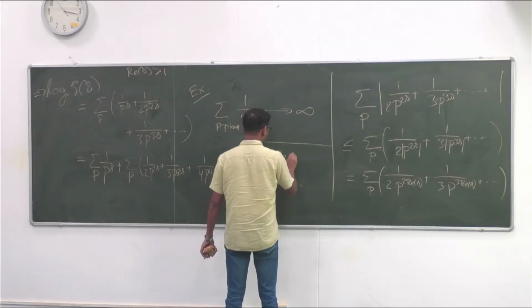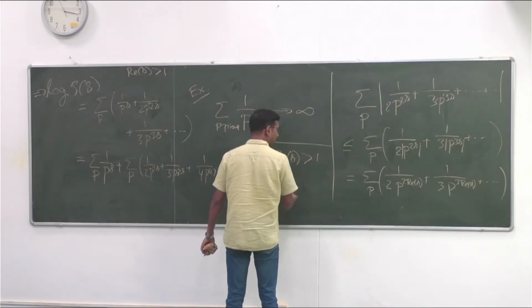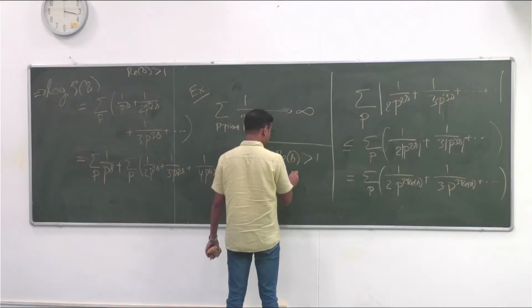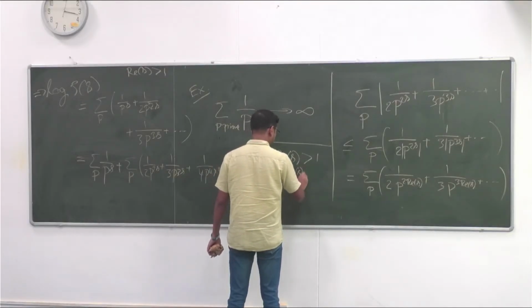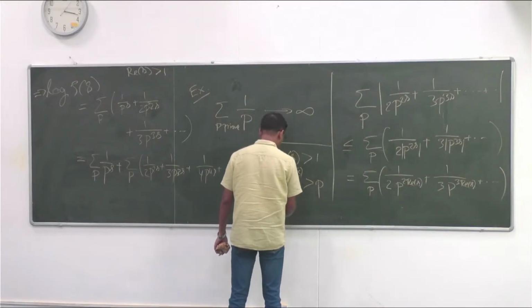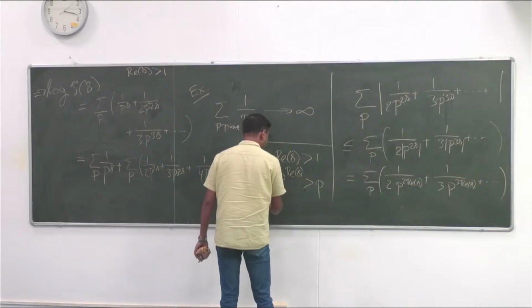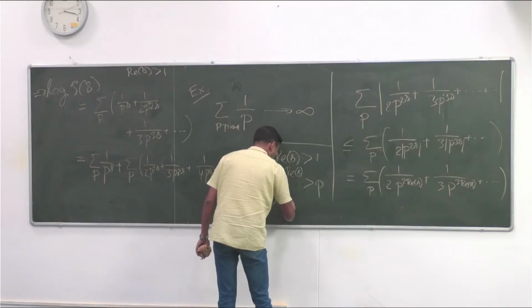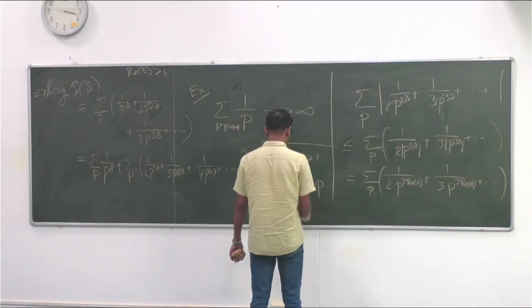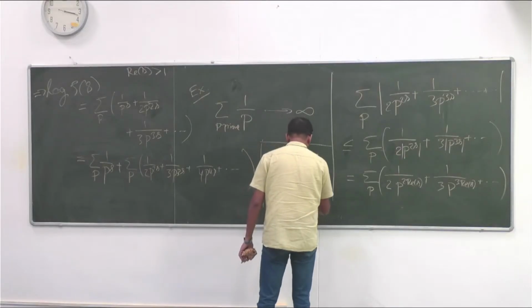So real part of s is greater than 1, and that means p power real part of s is greater than p, right? And so 1 by p power real part of s is less than 1 by p.